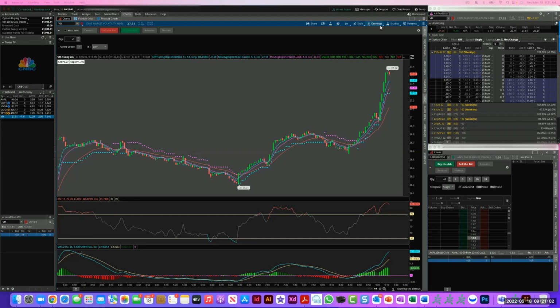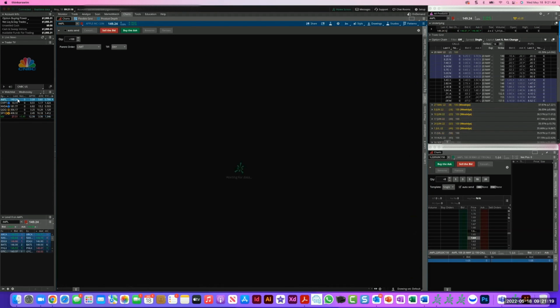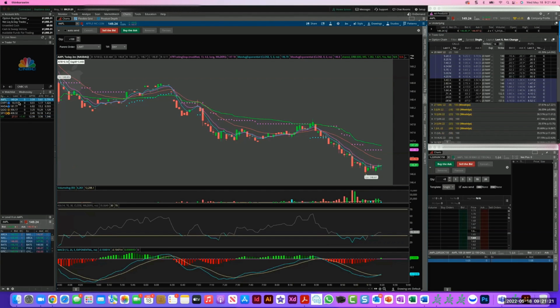So Morris, you had asked about this setup. Essentially, these are three separate windows on one screen. The way I have it set up is I can click on a stock or a symbol in my watch list here, like Apple.